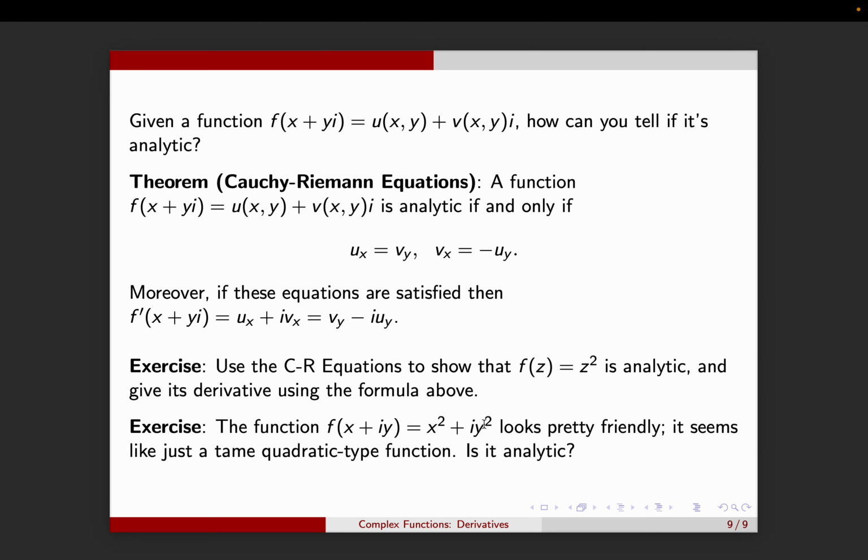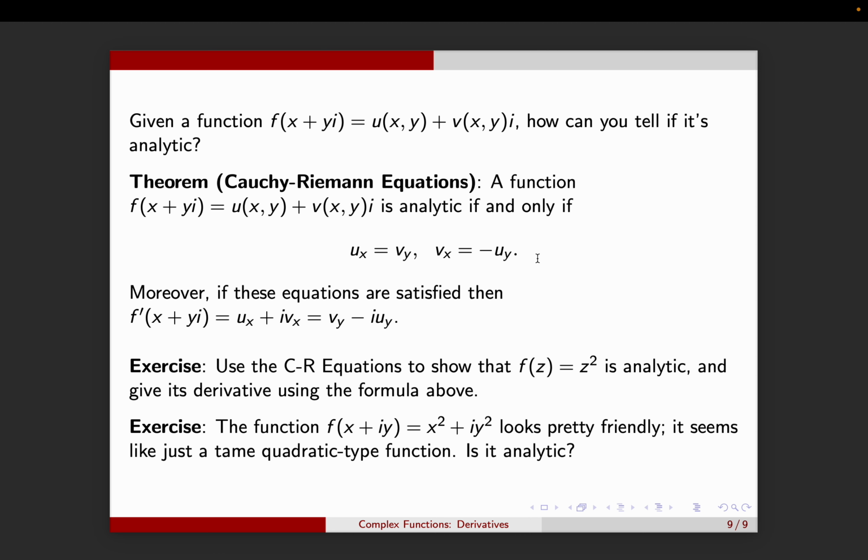You ignore the i. v is y squared. v sub y is 2y. Okay, so explain that this is analytic by writing it in standard form, checking these equations, and then writing down its derivative in this form. And then explain why this is analytic or not by checking these Cauchy-Riemann equations.